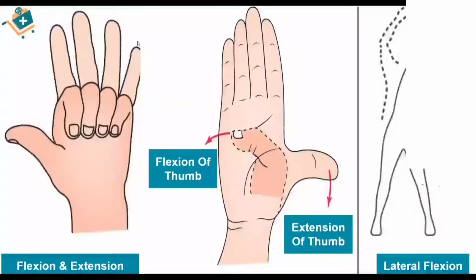Now adduction and abduction also, let me show you. Adduction means closer to the body, adding. If my hand is like this, it is abducted away from the body, abduction. When I add it to my body, adduction. I hope you understood.